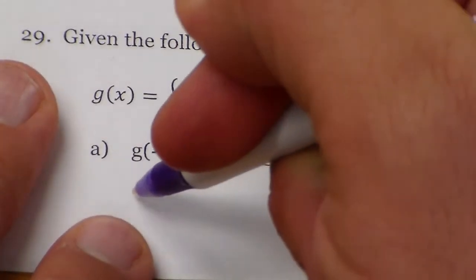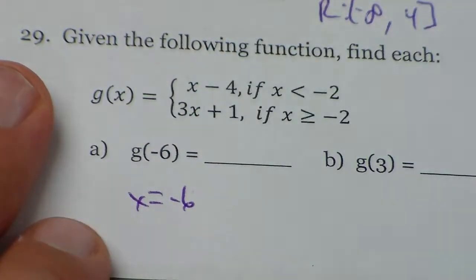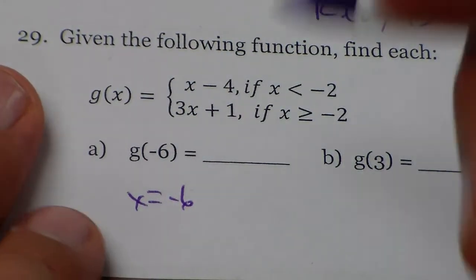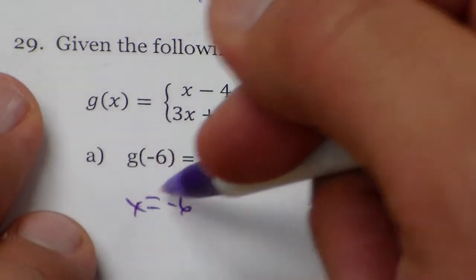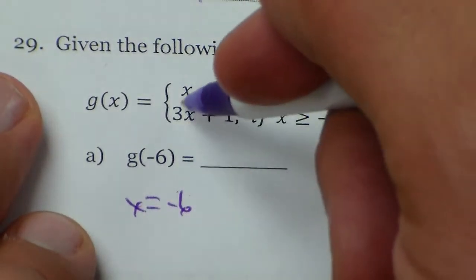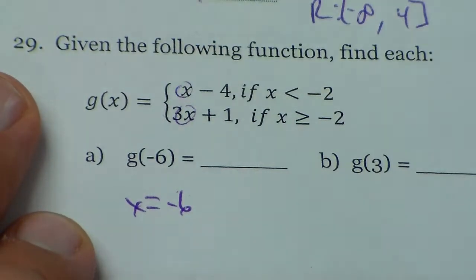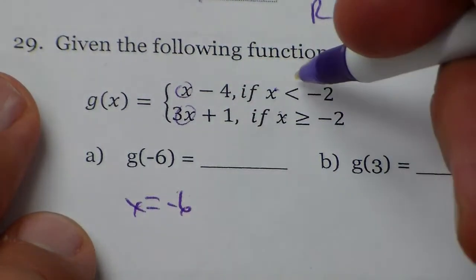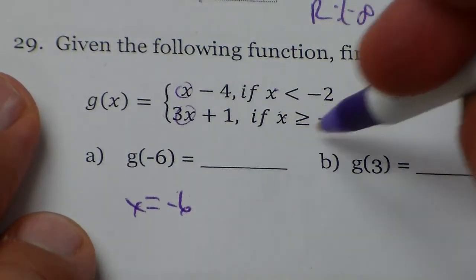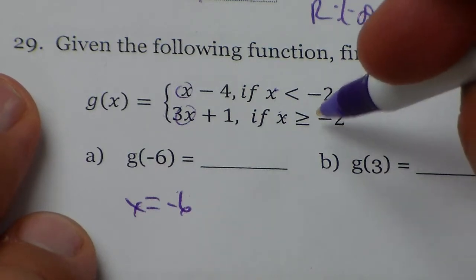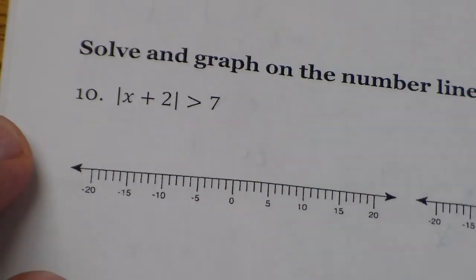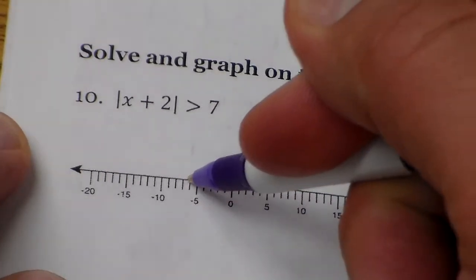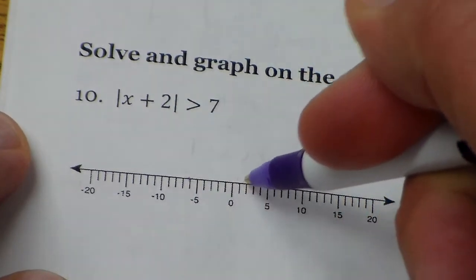So when you see g of -6, it's going to be x equals -6, right? And then you're basically going to plug in that -6 either into this equation here or this equation here, depending on the boundary. So is -6 less than -2 or greater than -2? Well, if you look at our number line, -6 is here, and -2 is down here.